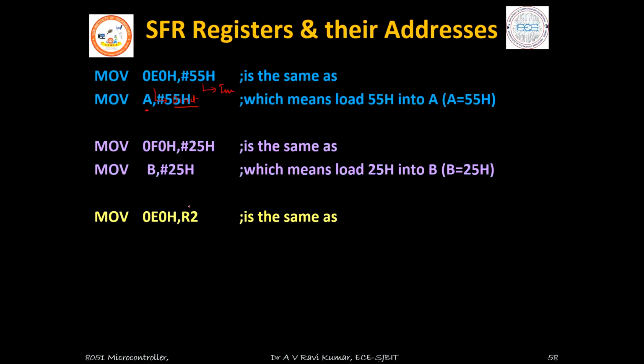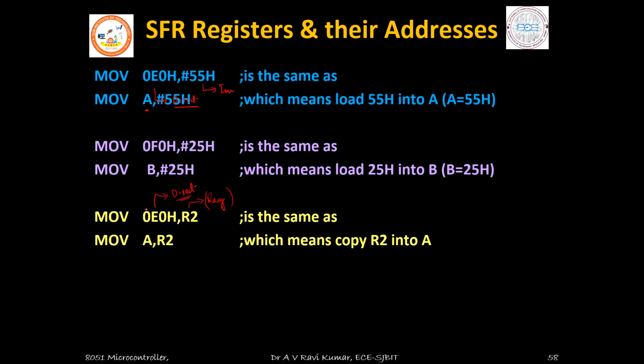This is your register addressing, and this is your direct addressing, so I can move the content of a register into the direct address pointed to by E0. E0 is the accumulator, so both instructions perform a similar operation, but the addressing of the operand is different. This is register addressing mode, and this is direct addressing mode.